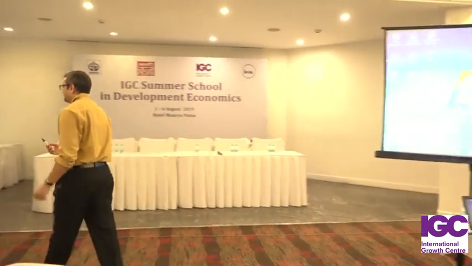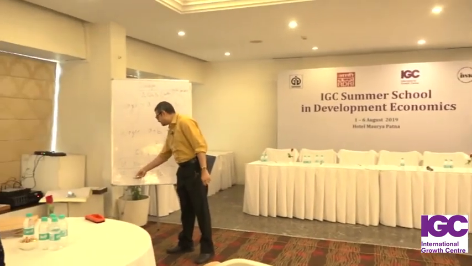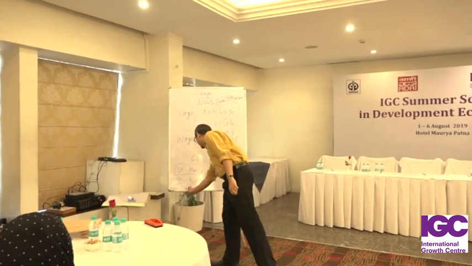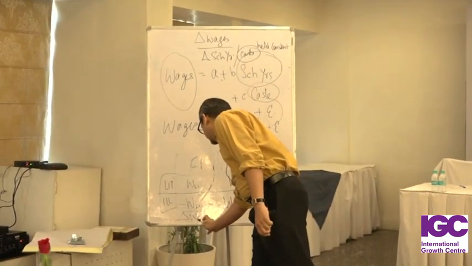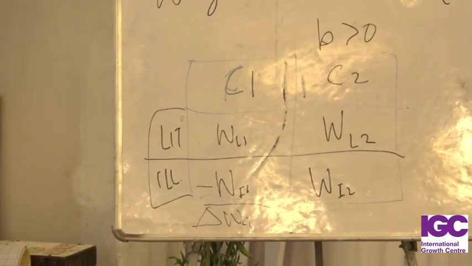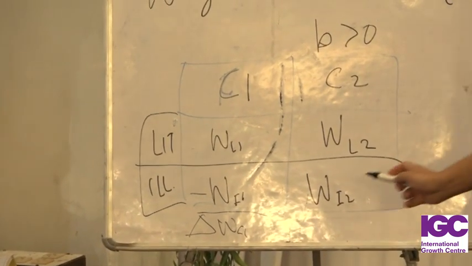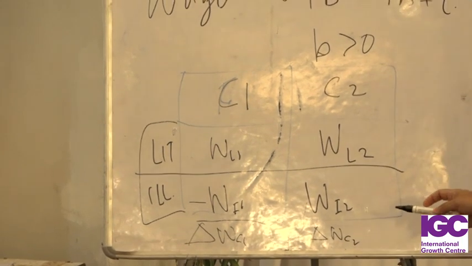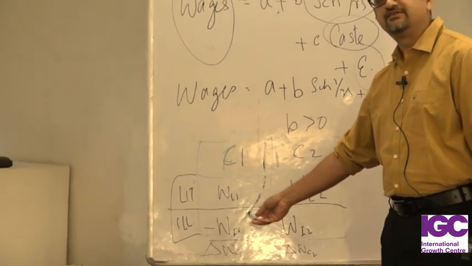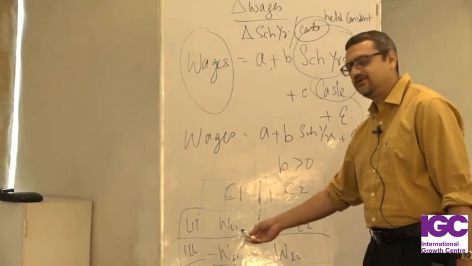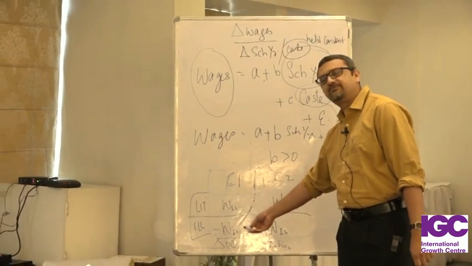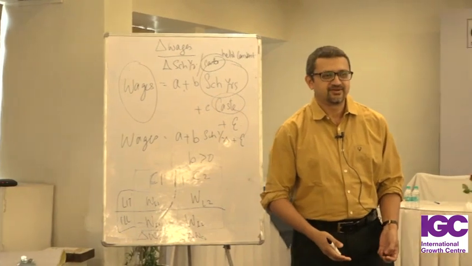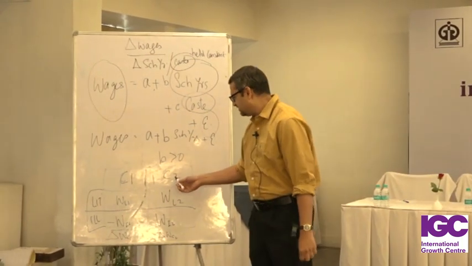First, you calculate this difference. So let's call it W C1. That is for caste 1. Similarly, I'll just take the difference in the two wage levels for caste 1 among literate and illiterate people. I call it delta.